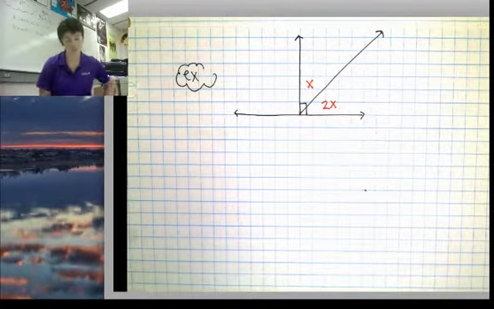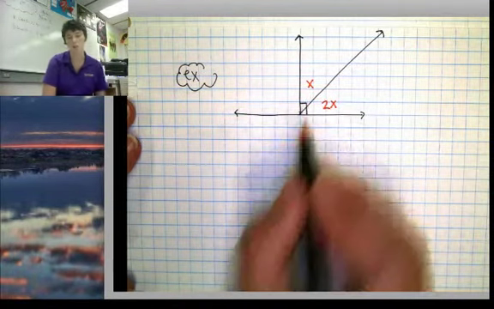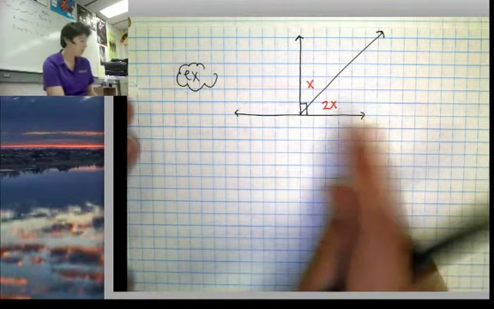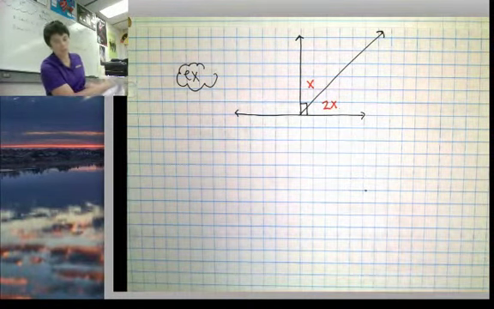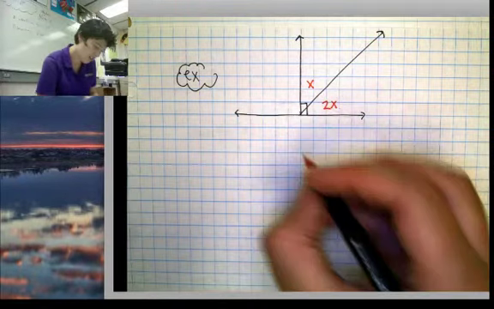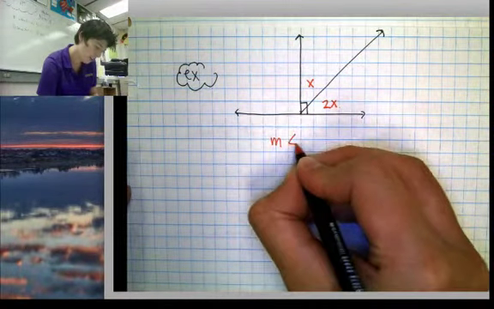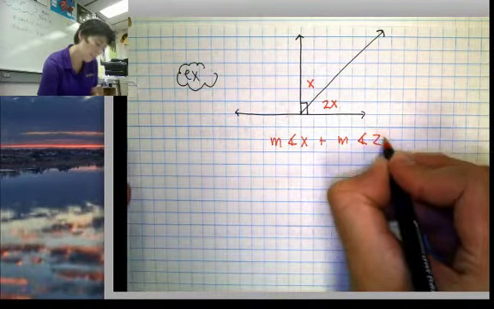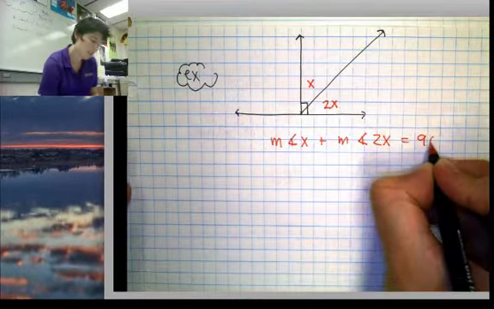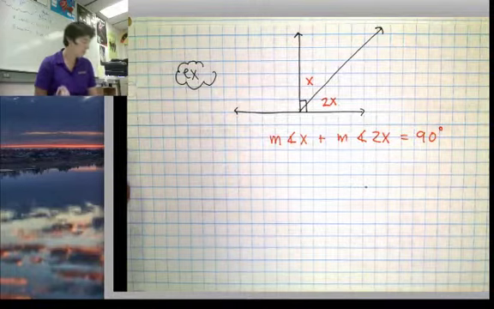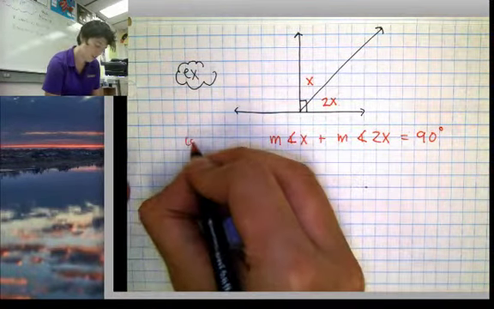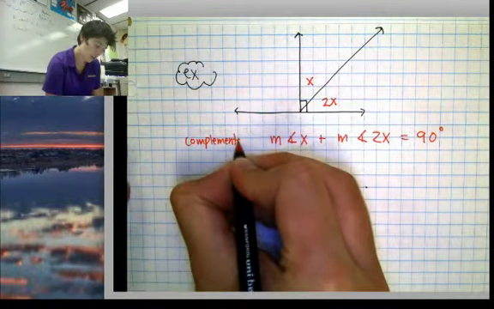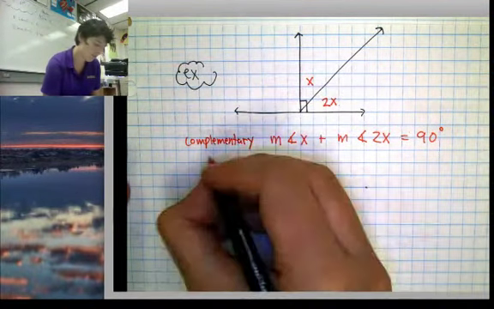So I don't know how much either of these angles measure, but I know that this is 2x and this is x. So just looking at this problem, I can tell you that the measurement of angle x plus the measurement of angle 2x adds up to 90 degrees. And the name for that, remember we call that complementary angles. So complementary. Any angles that add up to 90 degrees.